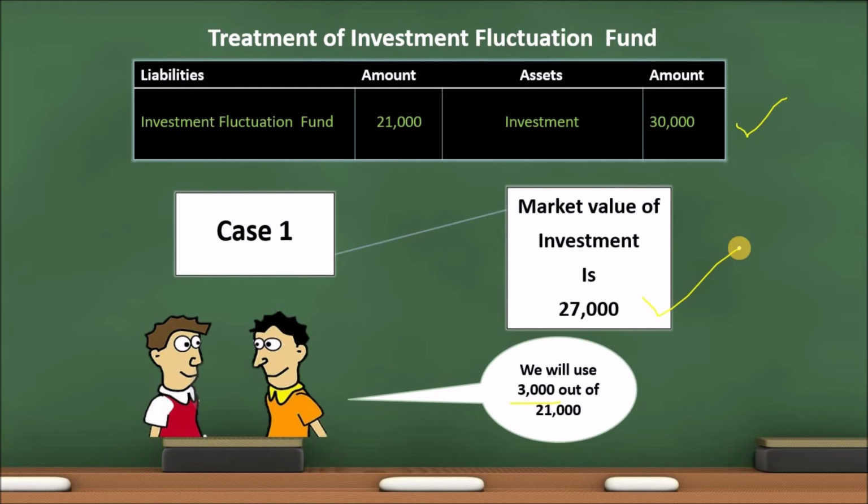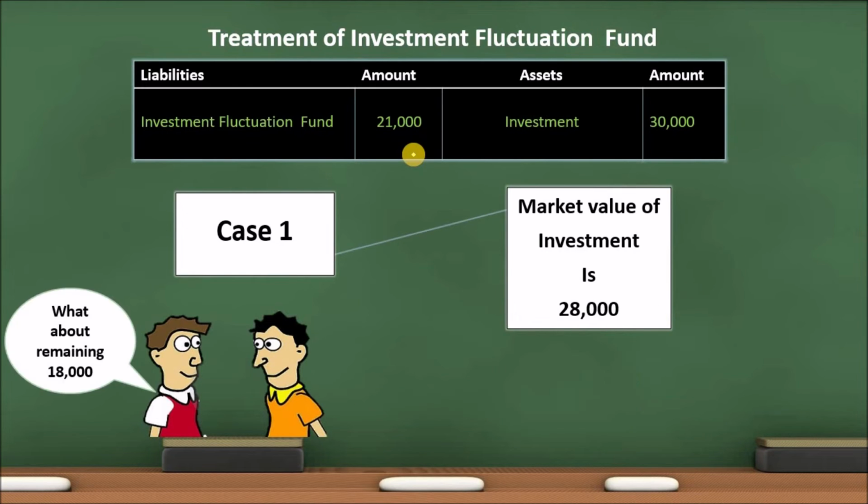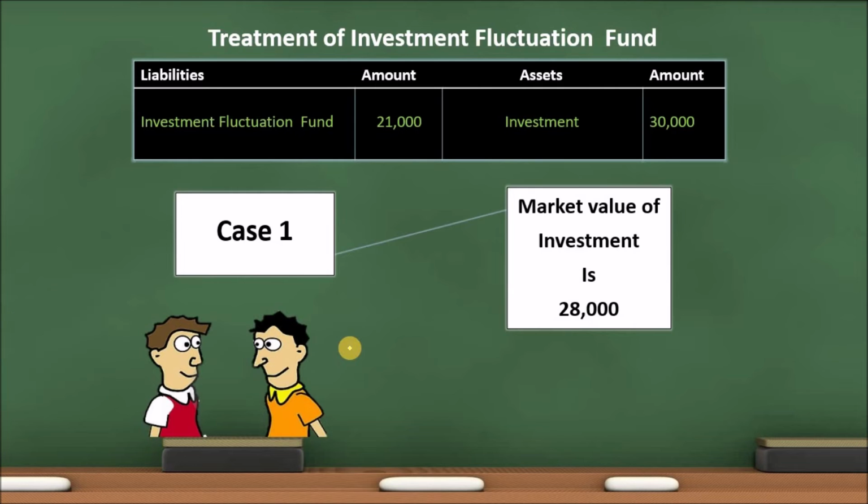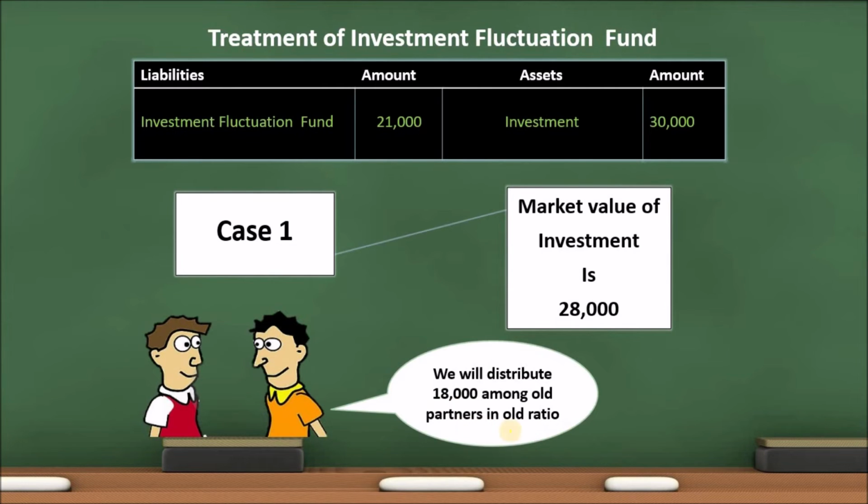So the loss is rupees 3,000 and we have a fund to cover this loss. So we are going to use this fund up to 3,000. Then what we are going to do with the remaining 18,000? Please remember the remaining 18,000 will be distributed among old partners in the old ratio.